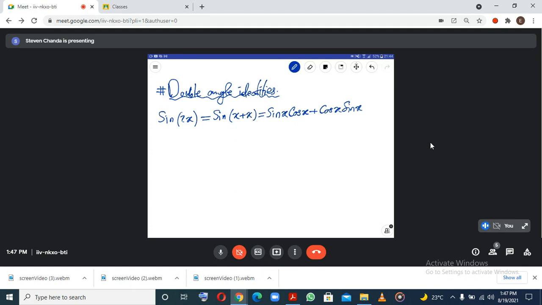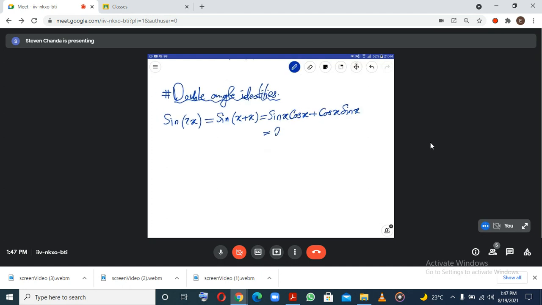So now you know that addition is commutative, right? Meaning whether it's sine x cos x or cos x sine x, it's still one and the same thing. So you just combine them and say 2 sine x cos x. So that's the double angle identity. Very important things. You see how important they are in a short while.